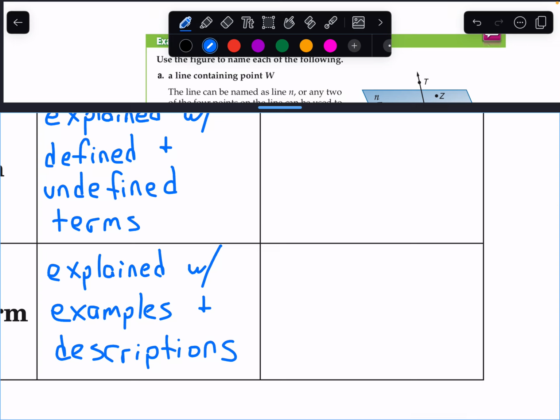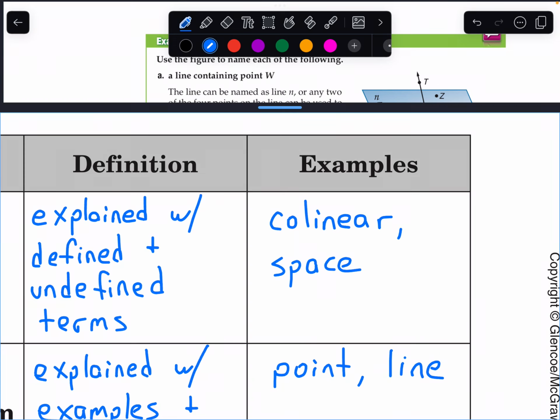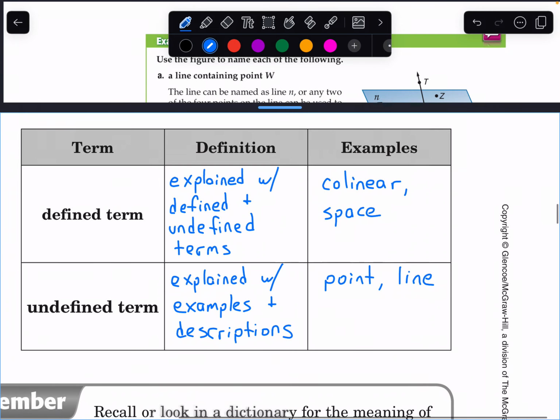We know an undefined term would be a point or a line. A defined term could be collinear, or even space actually was a defined term. Only point, line, and plane were the undefined terms, because we have to start somewhere.